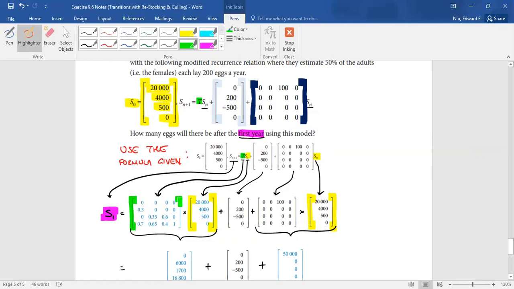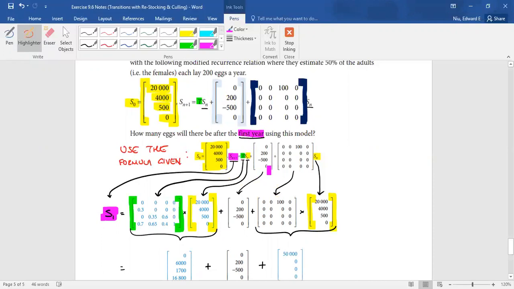This was way back at the start. That was given to us already. May as well highlight this part in yellow too. We'll highlight the SN plus 1 as purple.